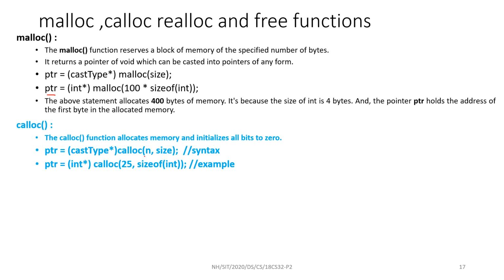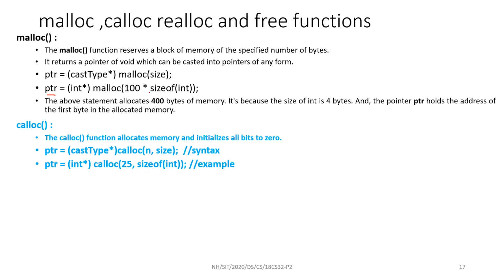Everything is the same, but all memory locations are now cleared. calloc takes n and the size for 25. For example, I need memory locations for 25 integers, 25 integer size, but there is a small change in the usage.